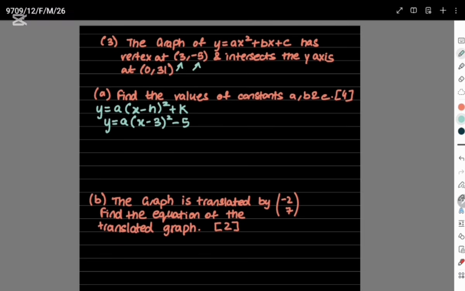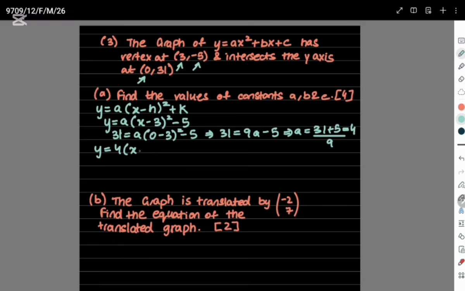So now to find the value of a, let's take a point which is given to us already, (0, 31), and let's substitute. 31 is equal to a into 0 minus 3 squared minus 5, which implies 31 is equal to 9a minus 5, which implies a is equal to 31 plus 5 over 9, which is equal to 4. Now let's plug in a into the equation: 4 into x minus 3 squared minus 5.